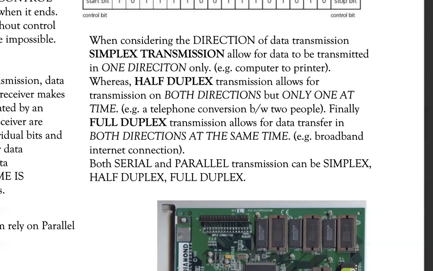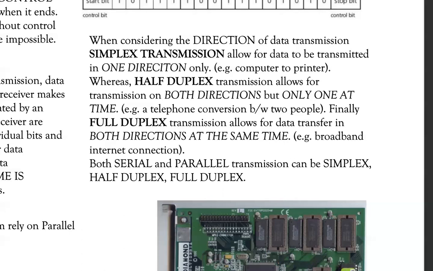Walkie-talkies operate on the principle that one sender presses a button, and during that time only his microphone is active and he's speaking. When he's done, he says "over" and releases the button.